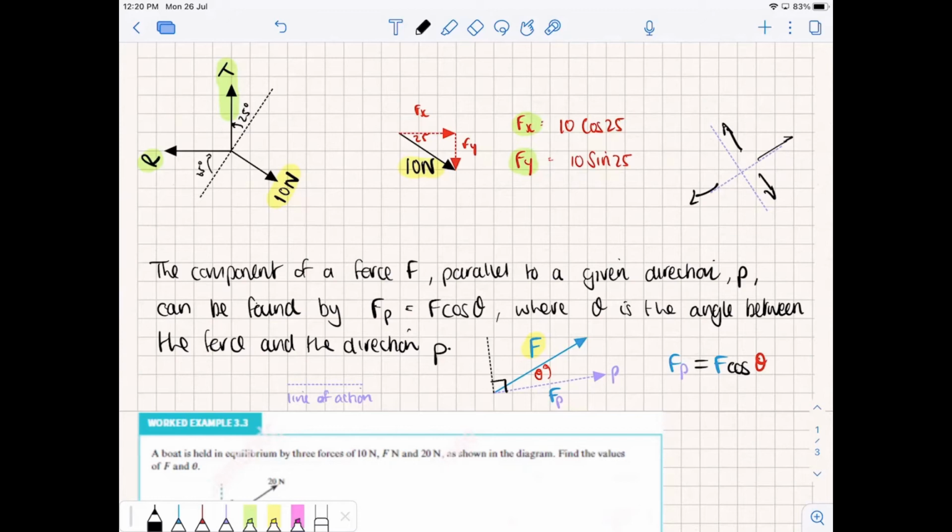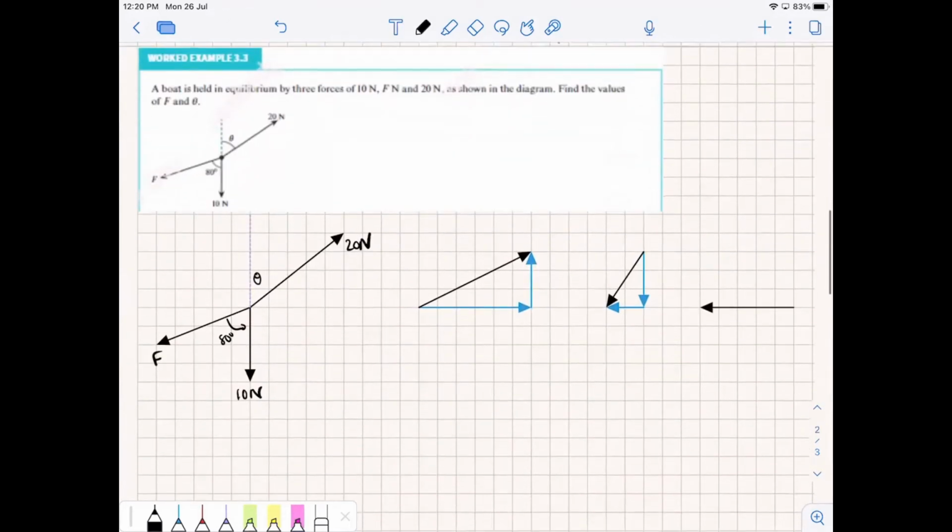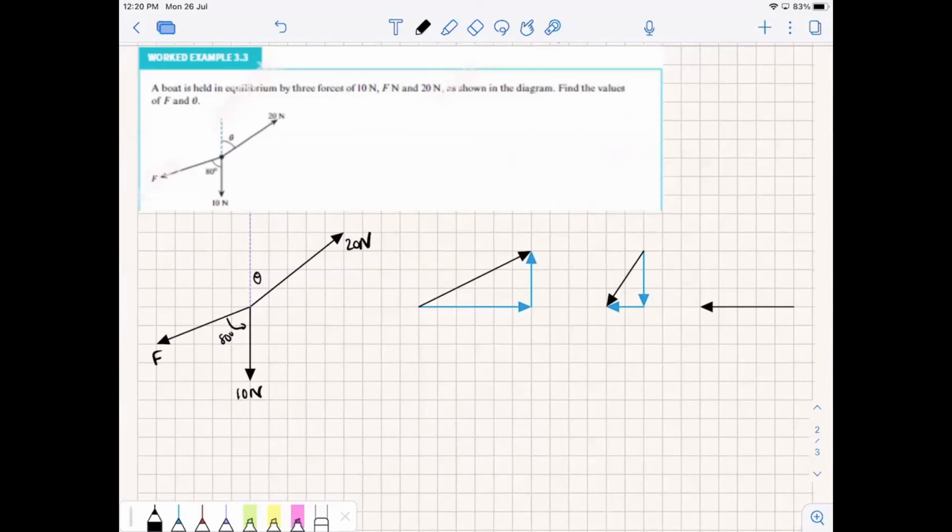Okay, well, let's move on to some examples and let's see how this helps us in some problems. So here we have a boat. The boat's obviously the point in the center, held in equilibrium by three forces.